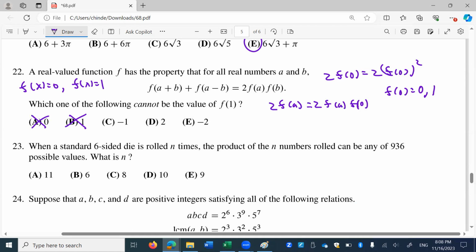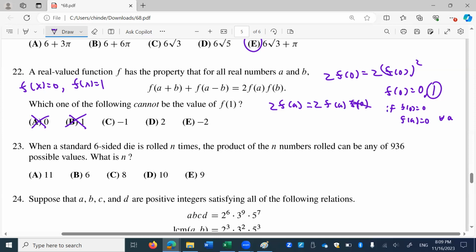So if f of 0 equals 0, then the right-hand side is always 0. So if f of 0 equals 0, then f of a equals 0 for all a. And so the only way that f of 0 equals 0 is this trivial case. And so if there are any other solutions, we can say without loss of generality that f of 0 should equal 1. And now this equation doesn't give us any more information. Okay, so we'll assume f of 0 equals 1.